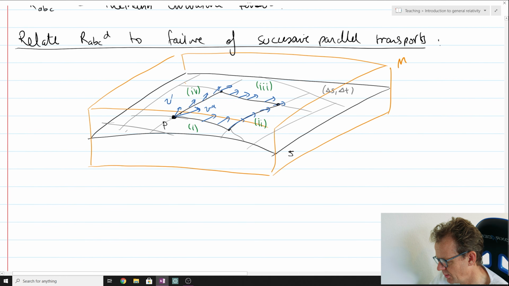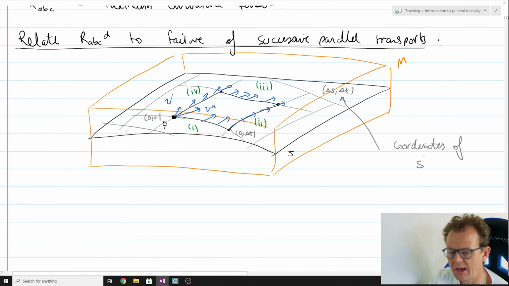So the coordinate of the point P is 0, 0. The coordinate of the first point on the journey is 0, delta t. So we have 2 coordinates of the surface S. Now, of course, M has n coordinates, but S is a two-dimensional surface defined by 2 coordinates. Just to call them little s, little t.